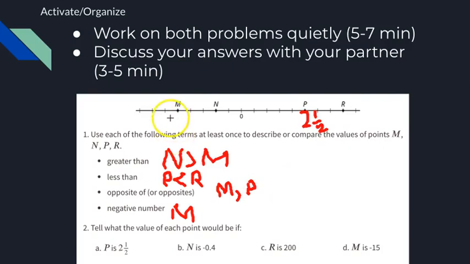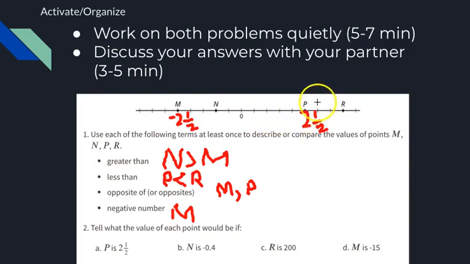So M is -2 1/2, right? Because if they are the same number of hash marks away, then they've got to be equal as far as the digits. It's just one's negative and the other one's positive. So if that's 2.5, each one of these has to be 1/2.